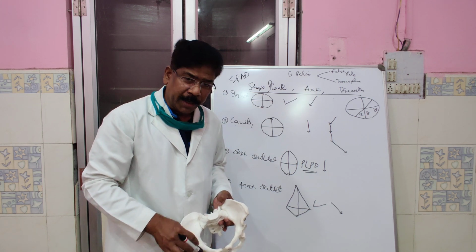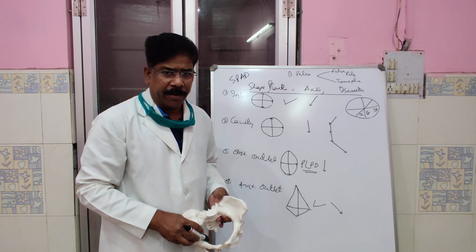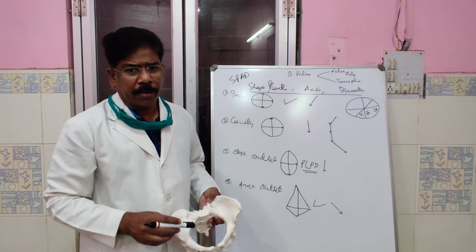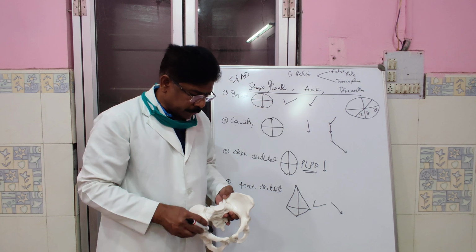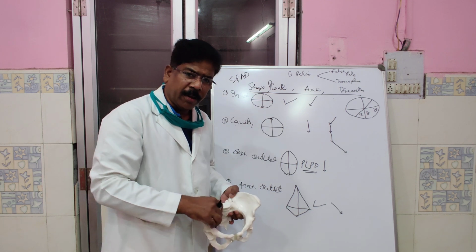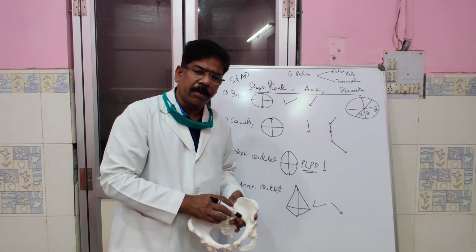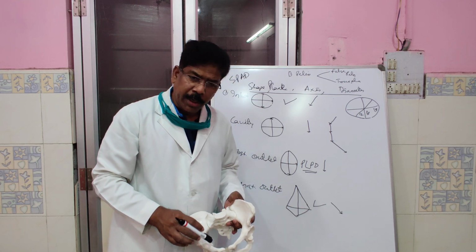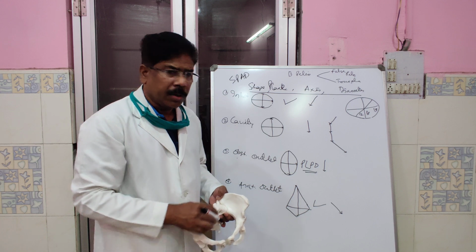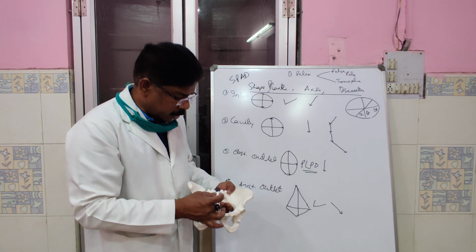You will get the oblique diameter. It is named as the left oblique diameter. So the oblique diameter is named according to the sacroiliac joint involved. Transverse diameter: farthest point in the iliopectineal line. Oblique diameter: from the sacroiliac joint to the iliopubic eminence. It is 12 centimeter.